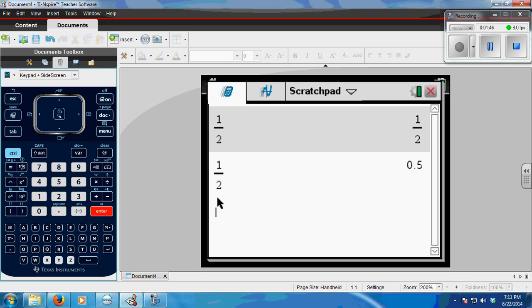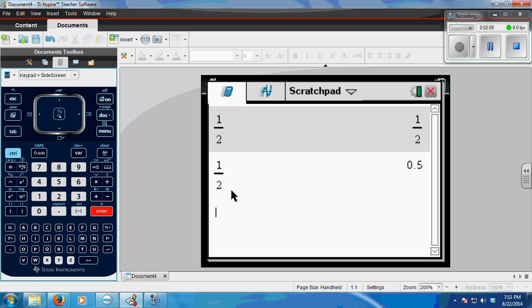So I know it sounds kind of weird, kind of an oxymoron, because you're approximating to an exact answer. It doesn't quite make sense. But in this case, it gives you the exact value of what the decimal is. It's 0.5. Now this is more useful when you're trying to approximate a fraction that doesn't end like 0.5.